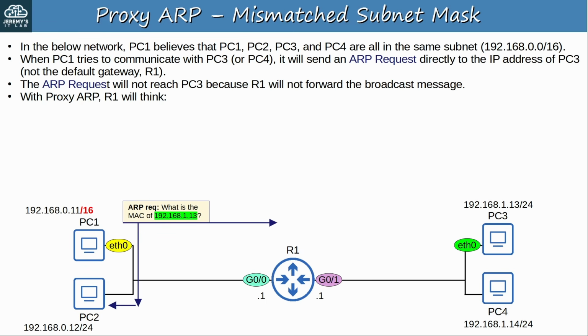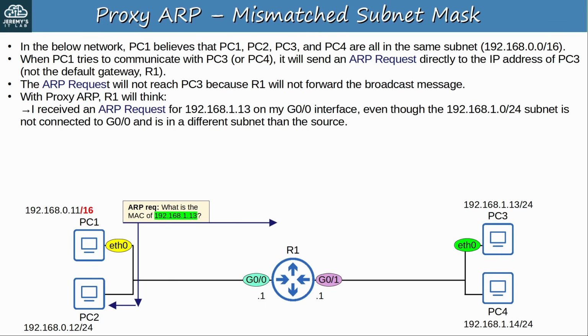However, with Proxy ARP enabled, R1 will think like this: I received an ARP request for 192.168.1.13 on my G0/0 interface, even though the 192.168.1.0/24 subnet is not connected to G0/0 and is in a different subnet than the source. This is odd. Usually devices will only send ARP requests for IP addresses in the same subnet.